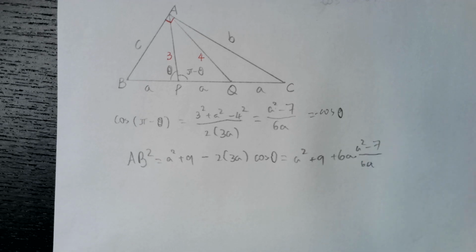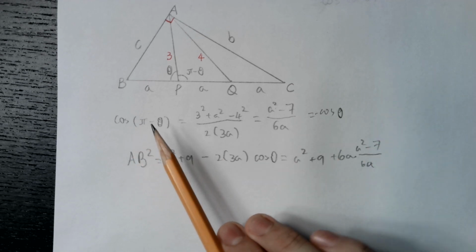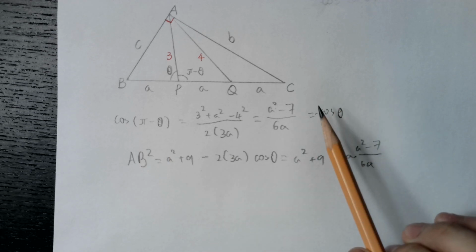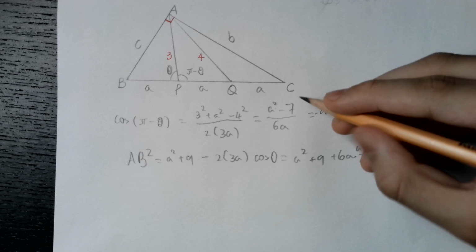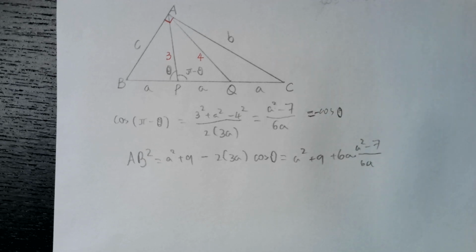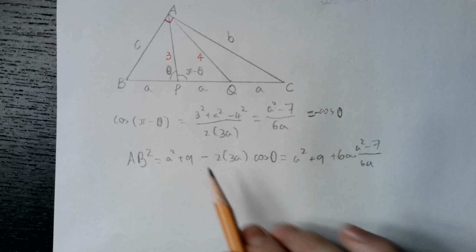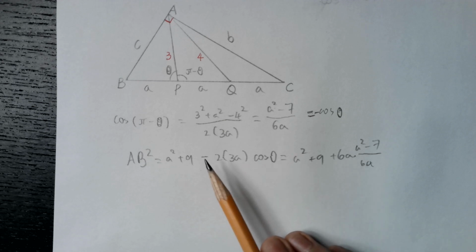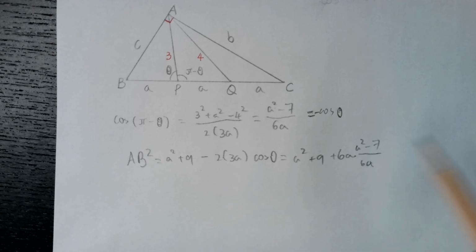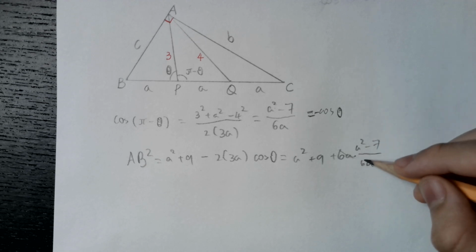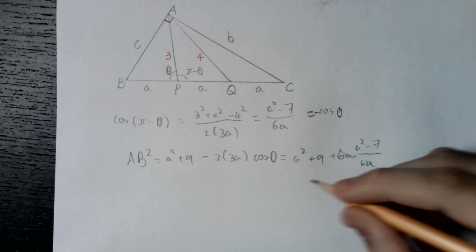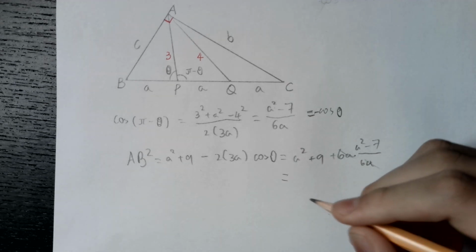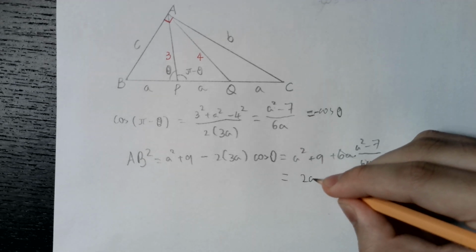As I said before, cos pi minus theta and cos theta are equal to each other except for a negative sign in between them. So I plug that in here, swapping the negative sign for a plus. This can finally be simplified: we can get rid of the 6a, and this is equal to 2a squared plus 2.